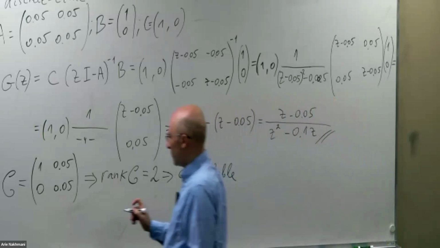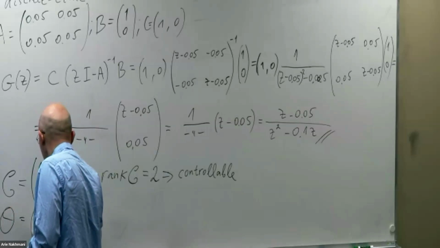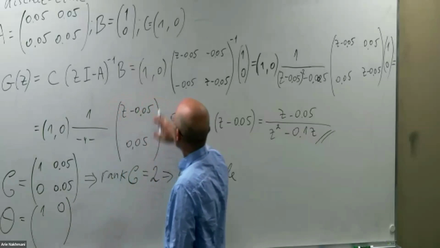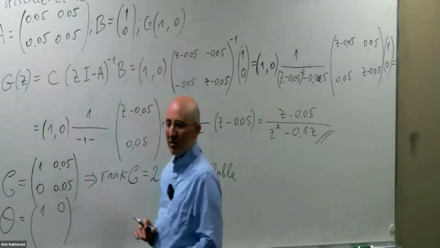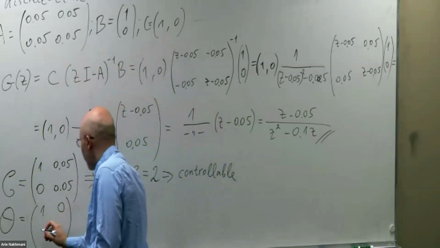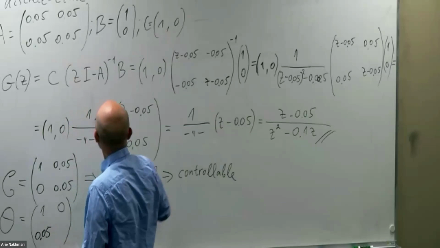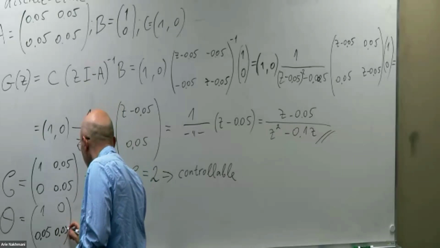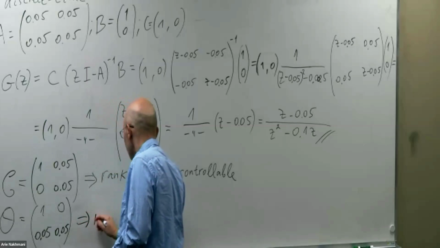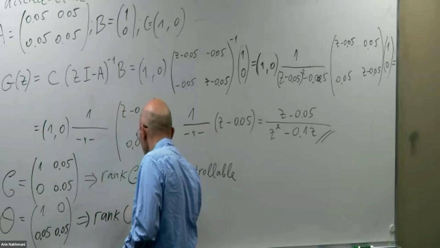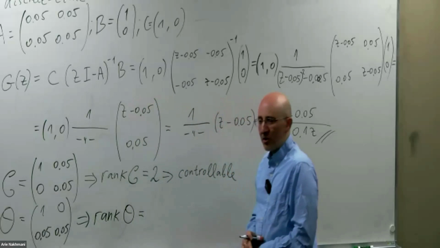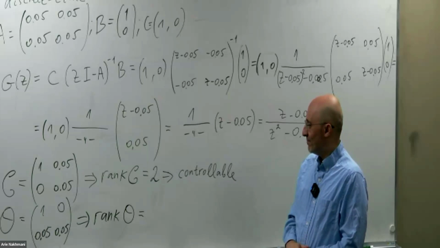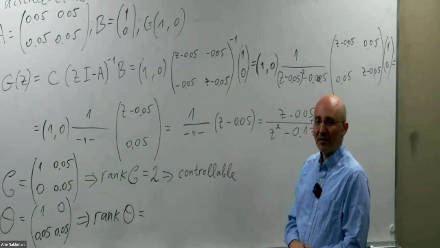Same thing with observability. We start with C, which is 1, 0. And then we multiply C by A. So it's 1 times 0.05, it's 0.05. And again, this one times the second column, 0.05. What is the rank of that matrix? Rows are independent, clearly, so it's still 2.